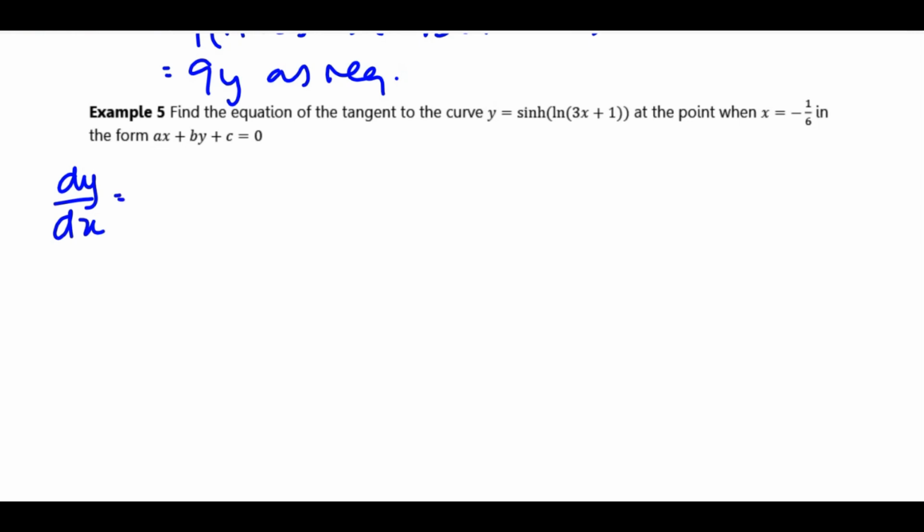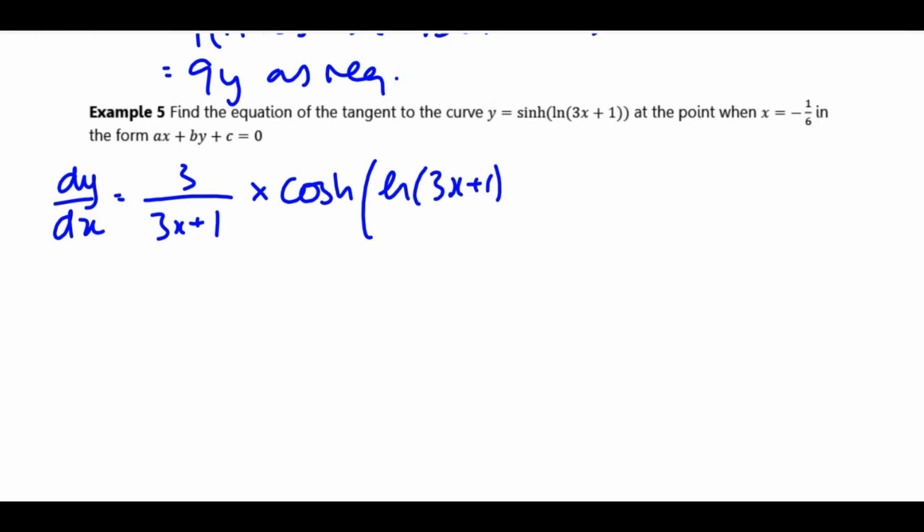I need to use the chain rule on this. So I differentiate the inside function. Differentiating ln of 3x plus 1, the chain rule again on that, which gives us a 3 on the top, 3x plus 1 on the bottom. So that's differentiating the ln. Then I differentiate the outside. So sinh differentiates to cosh. The thing inside the bracket stays the same.